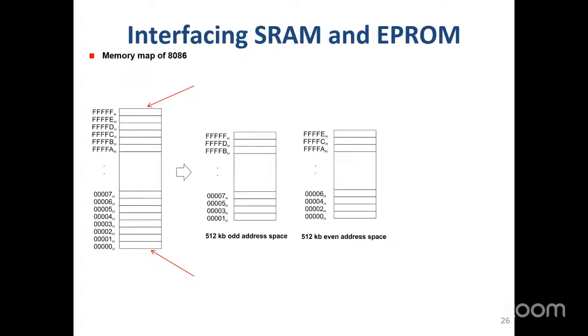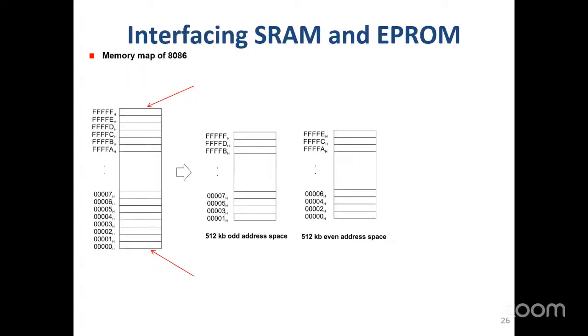From this even address and odd address, we can access 16-bit data at a time. Are you understanding? 16-bit data means in one memory location only 1 byte we can store. In one location, 1 byte.